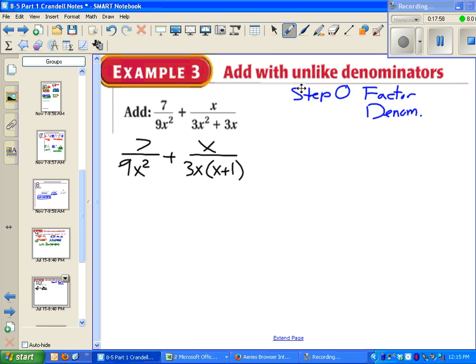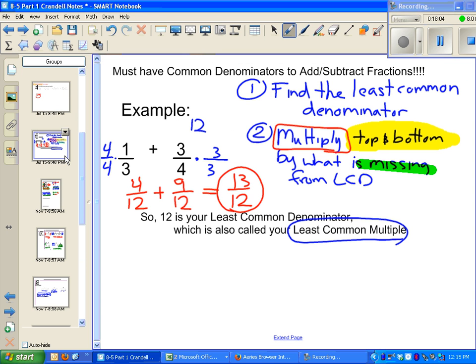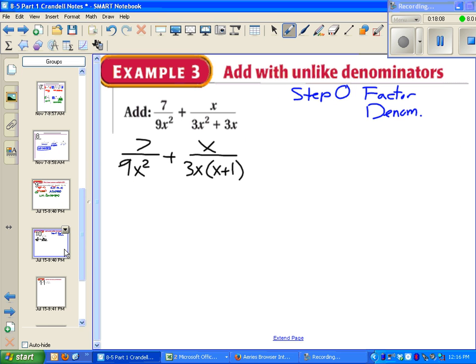Step 1 was to find the least common denominator. Where's our steps? Find the least common denominator. And we're just going to put find LCD. Okay. So let's see, we definitely need 9x squared because that's already in one denominator.